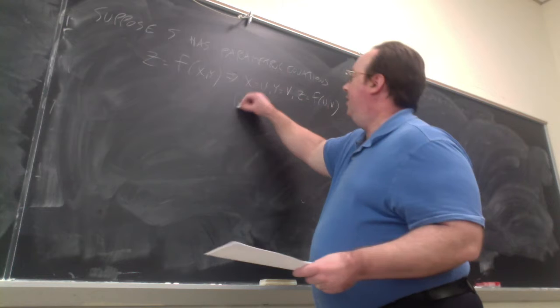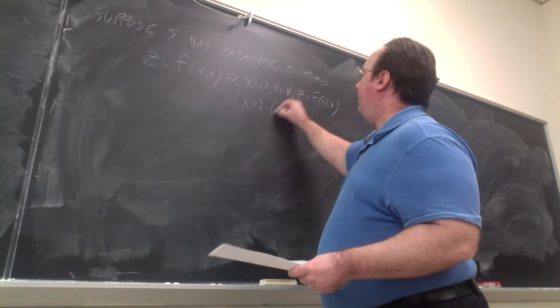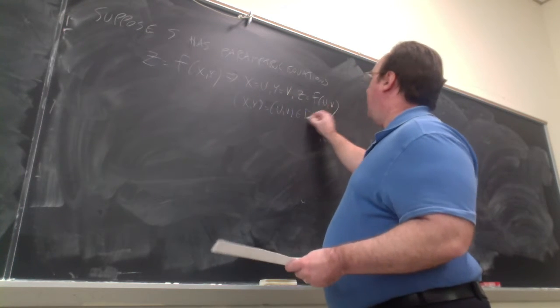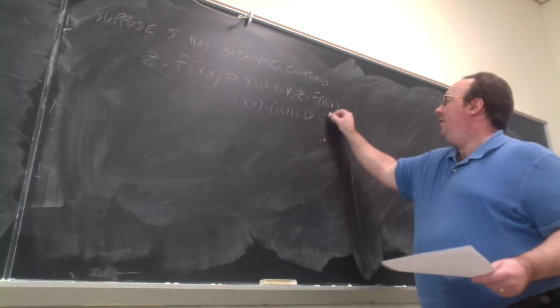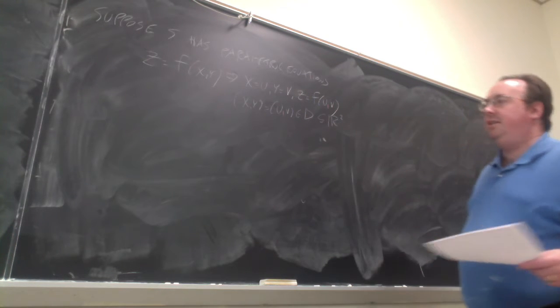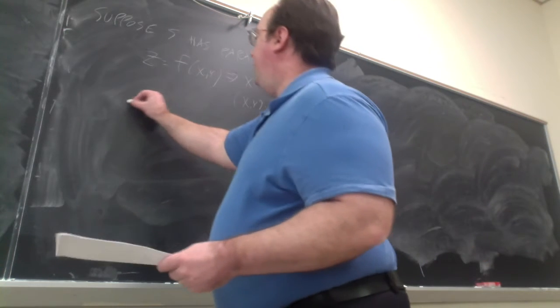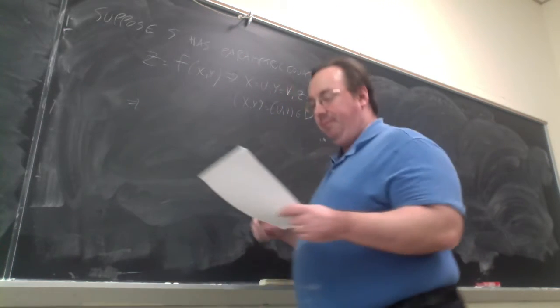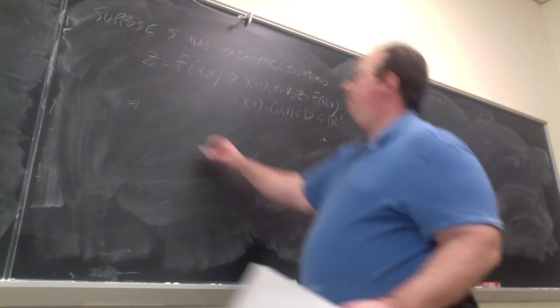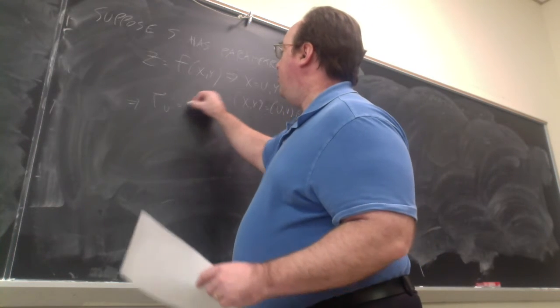And we have x and y, which is the same as u and v, contained in some two-dimensional domain D. So in that case, if you were to work out the normal, r_u has a very simple form.